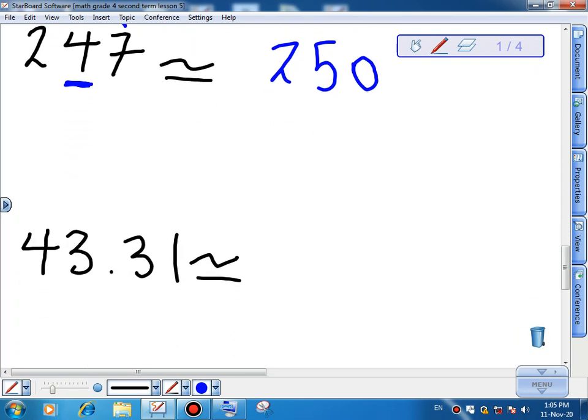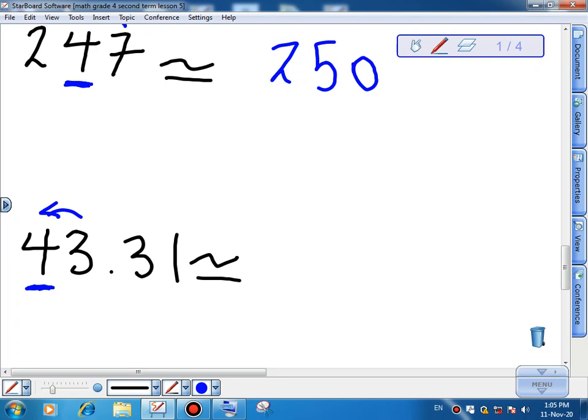Okay, another one. There is a decimal number, 43 and 31 hundredths. We need to approximate this number to the nearest 10. Where is the tens place here? The tens place here is 4, the number 4. The units before the tens, the units here is 3.